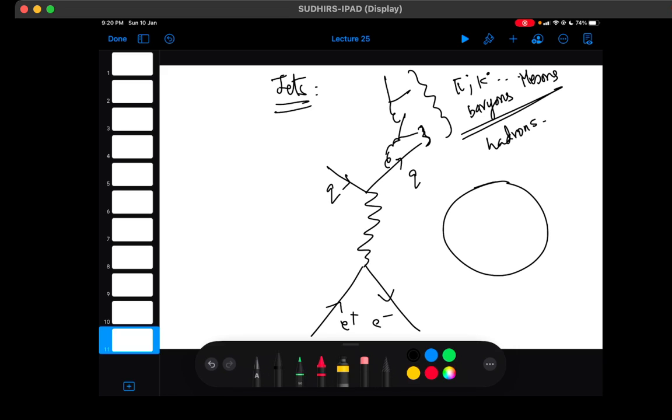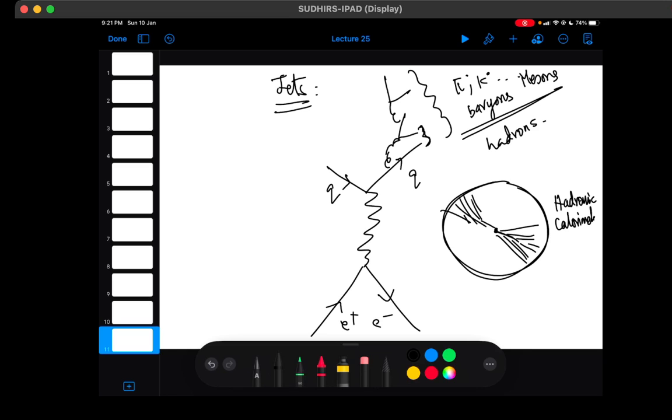These quarks move towards the detectors in opposite directions, and all this bunch of particles is produced. These particles leave a shower in the hadronic calorimeter and also the EM calorimeter, depending upon the charge.